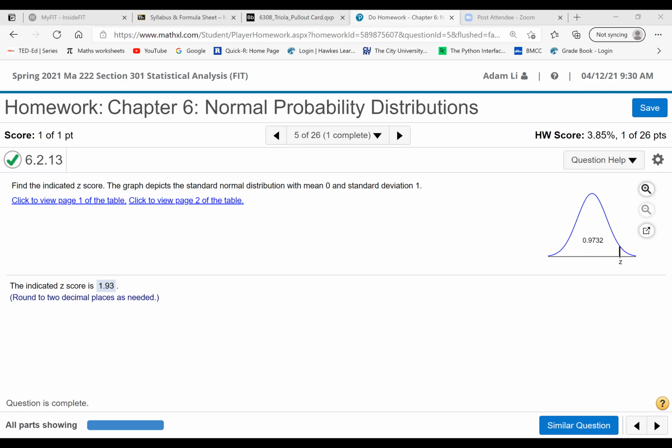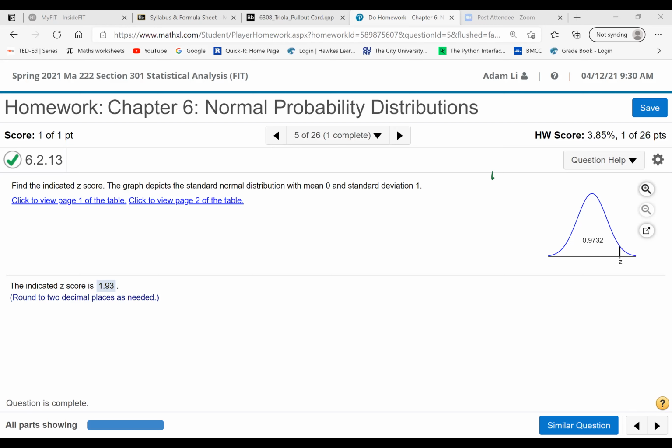So we put it into the formula and find the z-score. The z-score is like a middleman connecting the actual IQ score to the corresponding probability. So let's find the z-score here.